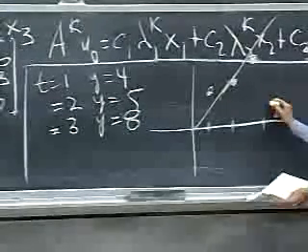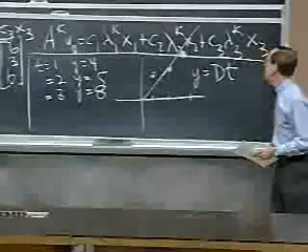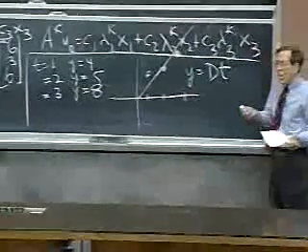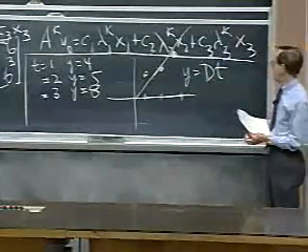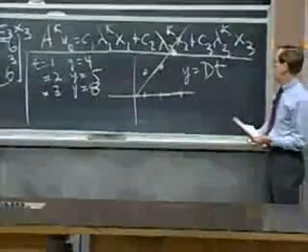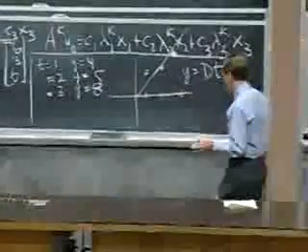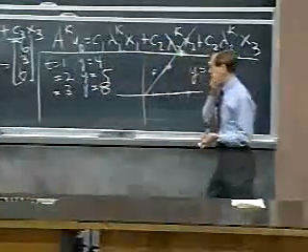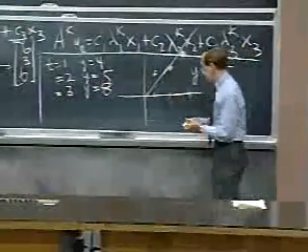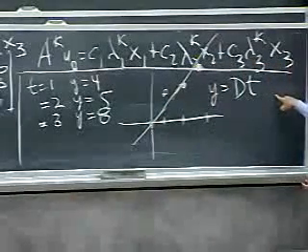Okay, so my equation that I'm allowing myself is just y equal dt. So I have only one unknown, 1 degree of freedom, 1 parameter d. So I'm expecting to end up with a matrix. When I try to fit a straight line that goes through the origin, I've lost the constant c here.